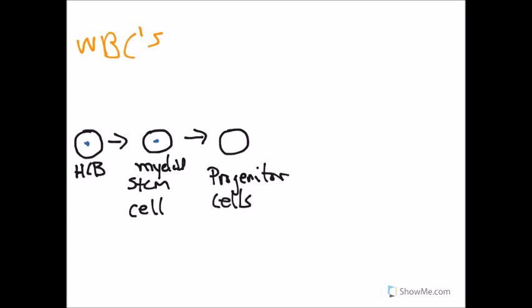Now technically speaking, red blood cells do have progenitor cells as well, but we're not discussing them in this course. But what we want to see is with progenitor cells, and of course, we're still nucleated here, we're going to move to what is called a myeloblast. A myeloblast.